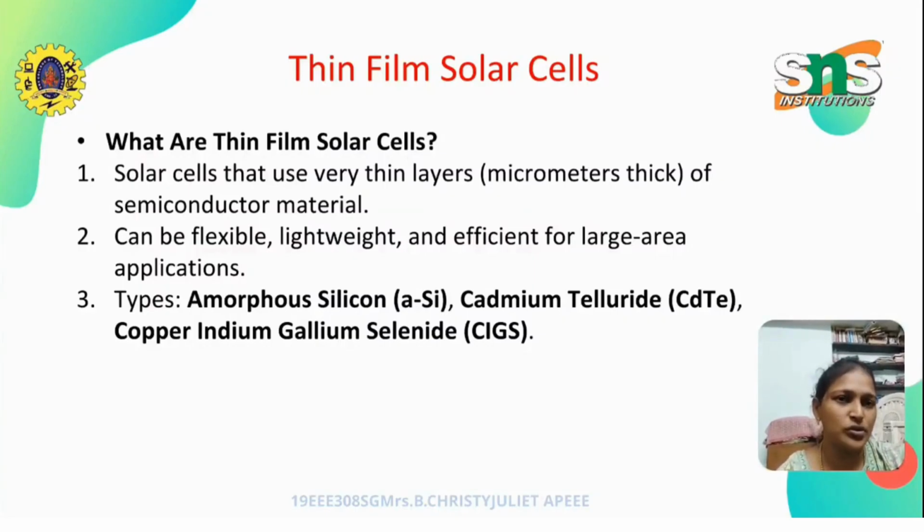The main types of these thin film solar cells are amorphous silicon thin film solar cells, cadmium telluride, copper indium gallium selenide, etc. Based on the type of material used for these solar cells, they have been classified into these types.